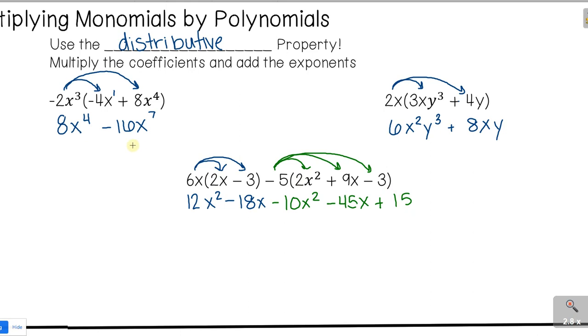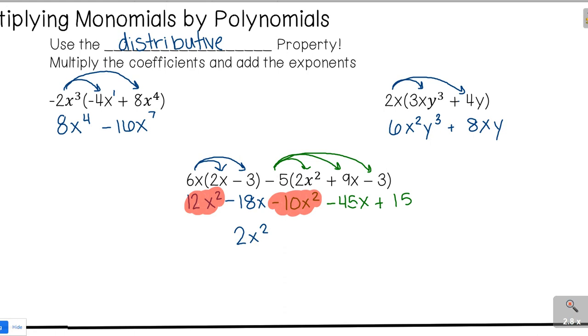Now we are going to combine our like terms. So we have 12x squared and -10x squared. 12 minus 10 gives us 2. Keep the variable with the exponent the same. So 2x squared.